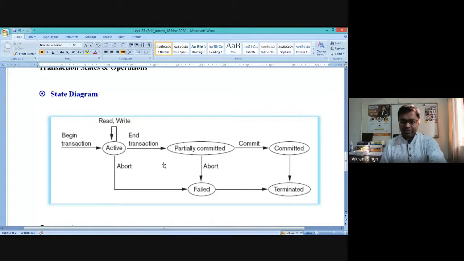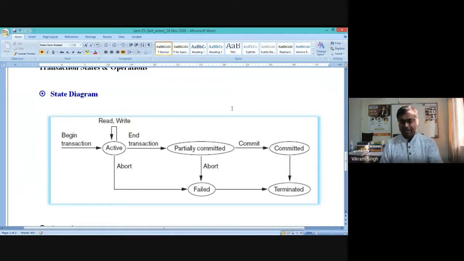These are the five possible states: active, partially committed, committed, terminated, and failed, right? So we have the five-state theory, or five possible states for a user transaction. And in the DBMS, there is a dedicated component available to take care of each and every state of these transactions.